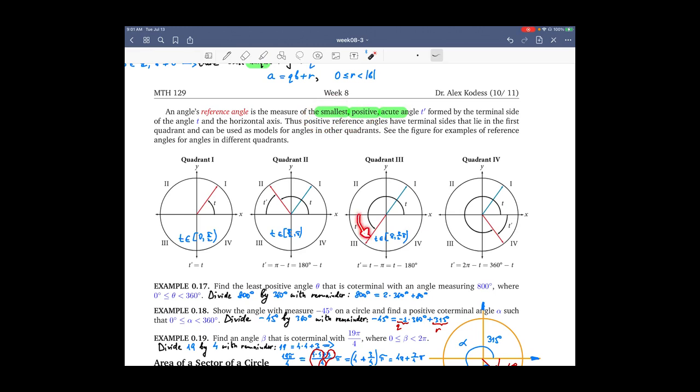This time the arrow is correct. And that angle is t minus half revolution, t minus pi.